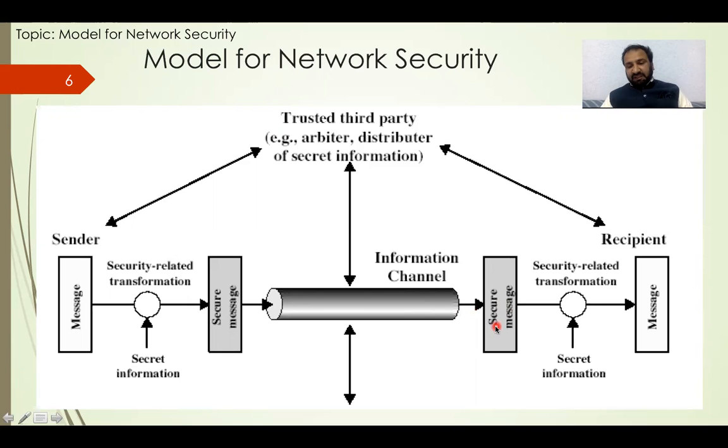The receiver will get this secure message, and then the receiver will perform the reverse operation, the security related transformation, the same algorithm which was applied on the sender side, and the key which is provided. This will be applied, and you will get your plain text out of this ciphertext. So now I think you can understand that on the sender side you need encryption, with this secret key and security related transformation.